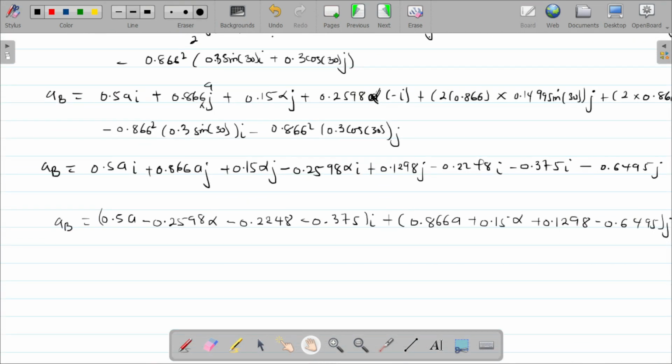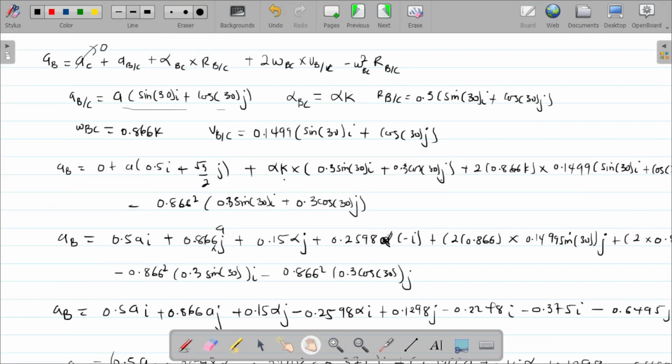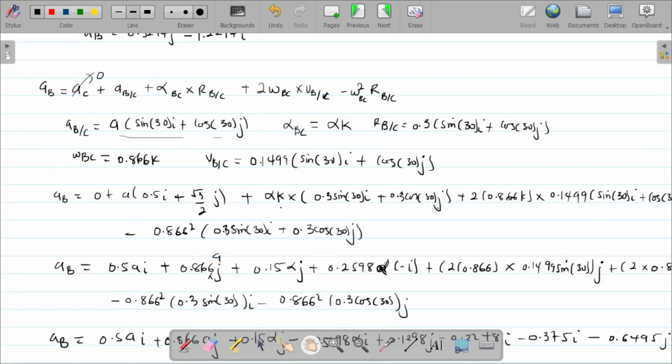The AB here. So the I term here is equal to all of that. So let's equate them.